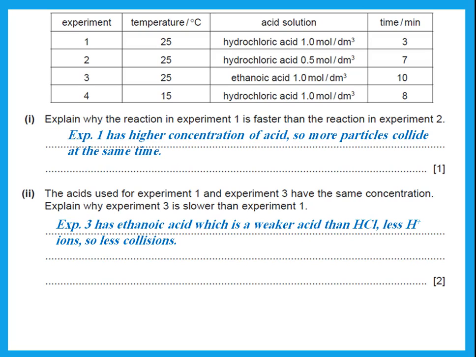You should remember that ethanoic acid is a weaker acid than HCl, so less H+ ions. And remember what a weak acid was: an acid that ionizes partially. So only some of the ethanoic acid will break up to form H+ ions. So I will have fewer H+ ions in the solution, so fewer collisions.